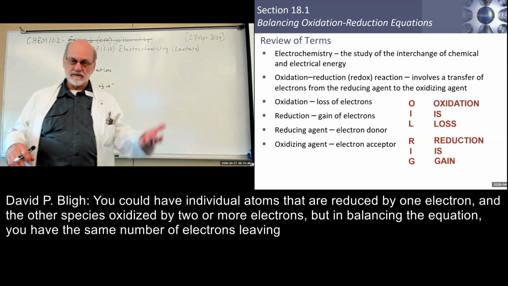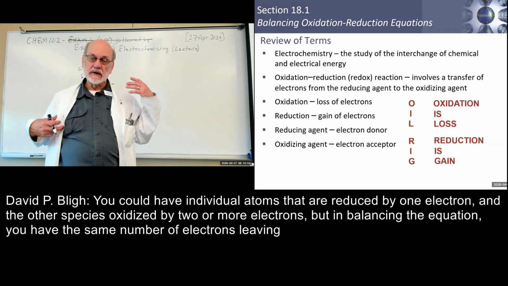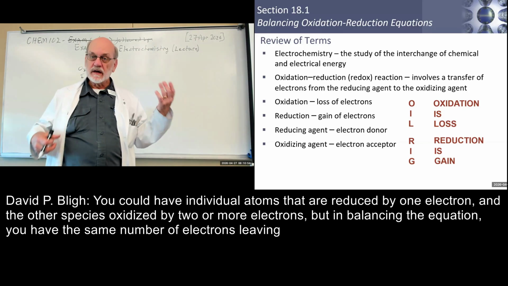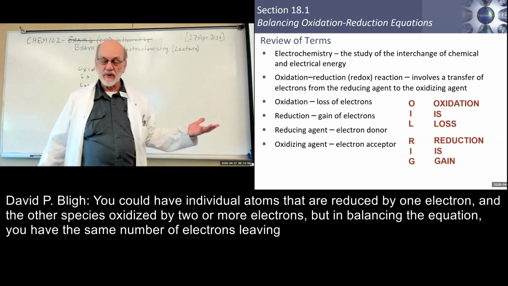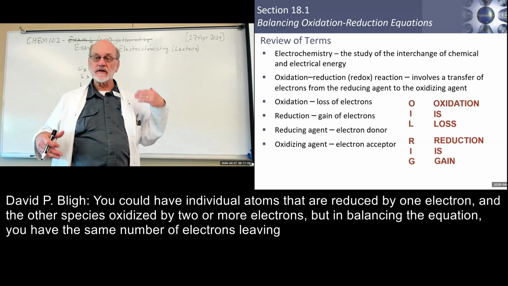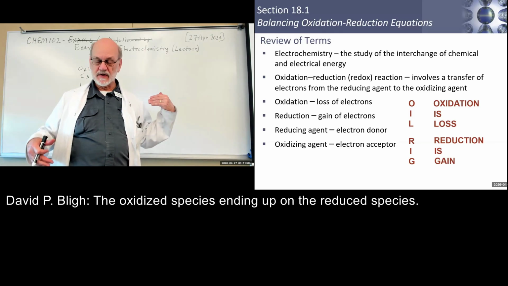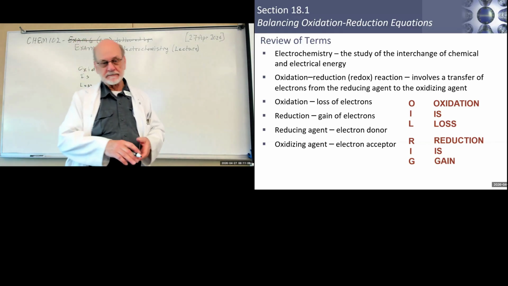You could have individual atoms that are reduced by 1 electron and the other species oxidized by 2 or more electrons. But in balancing the equation, you got the same number of electrons leaving the oxidized species, ending up on the reduced species.